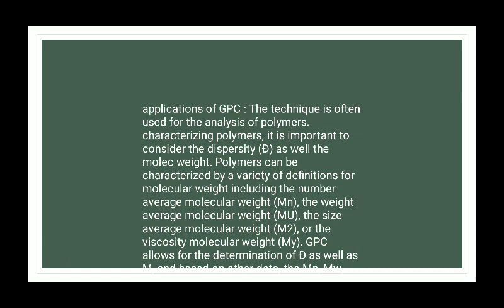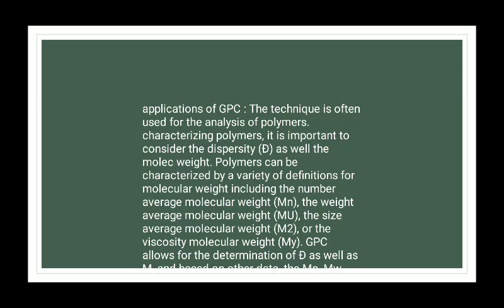Gel permeation chromatography has various applications. The technique is often used for analysis of polymers, characterizing polymers. It is important to consider the dispersity as well as the molecular weight.